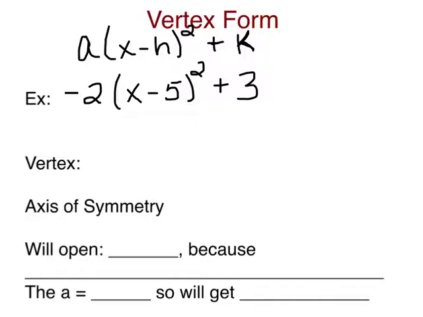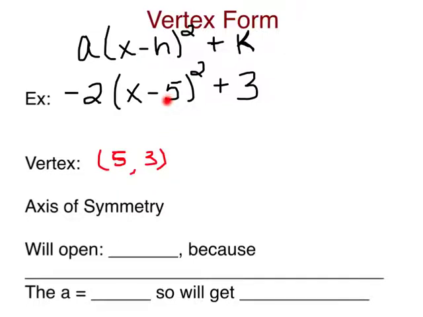The first thing I would like you to write down is that my vertex is going to be positive 5, positive 3. Now hopefully you see where I got these numbers from. Well, I got the 5 from inside my parentheses, but you may say, well, Mr. Payne, that's a negative 5.